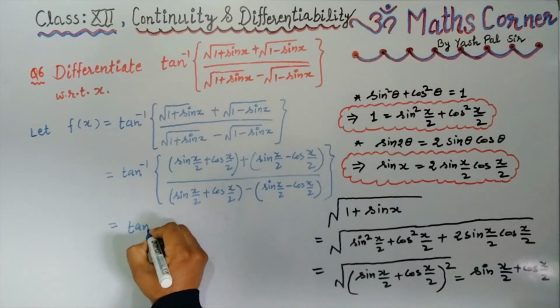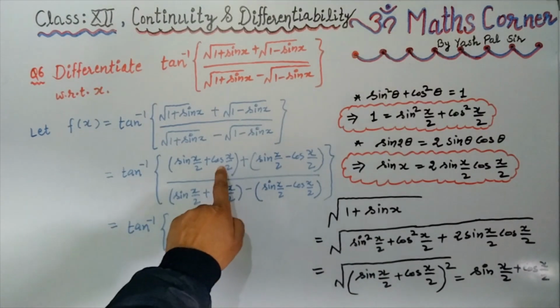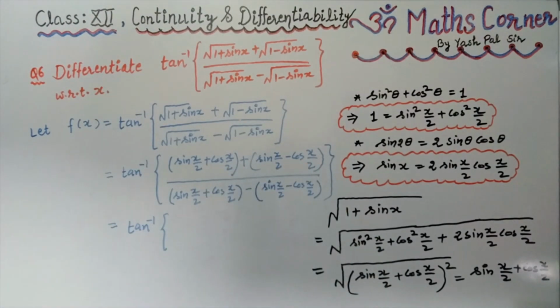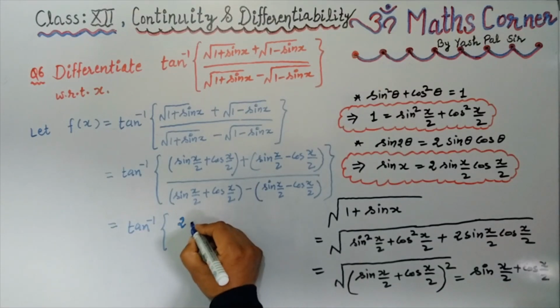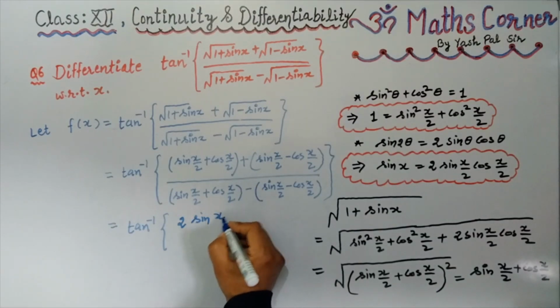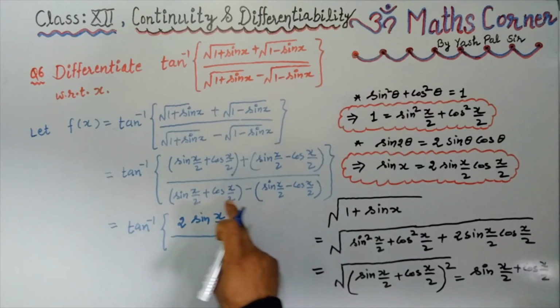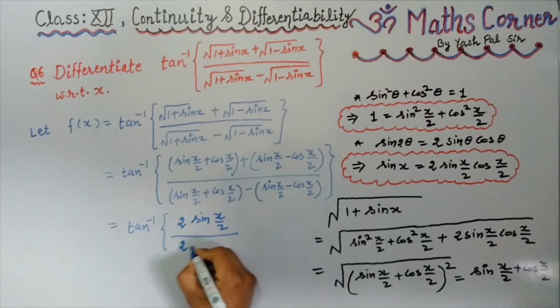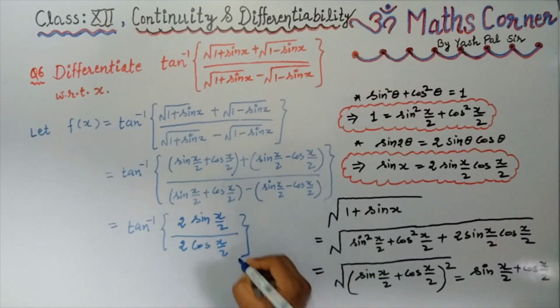Now what happens? This is equal to tangent inverse of, the cos x by 2 minus cos x by 2 cancelled. Sin x by 2 plus sin x by 2 is 2 times sin of x by 2. Similarly, in the denominator, sin is cancelled, and we get 2 cos x by 2.